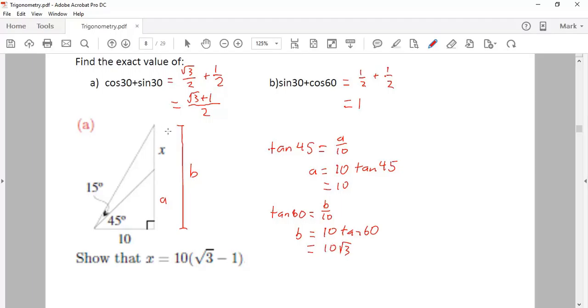Now since we need to find x, x is just b minus a. So x would be 10 root 3 minus 10. If we factorize that, we get 10 times root 3 minus 1, which is what the question wants.